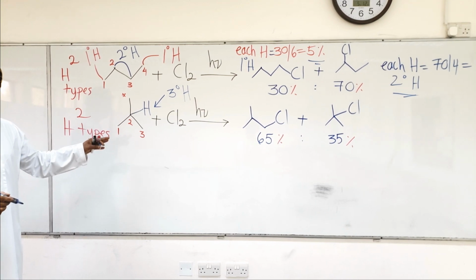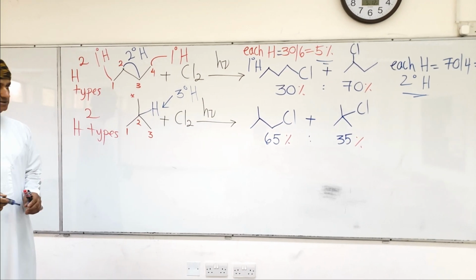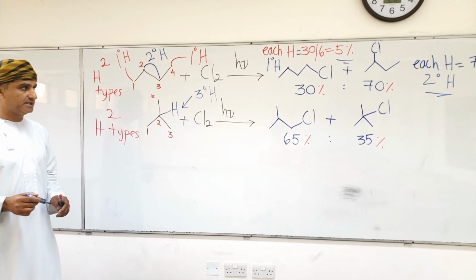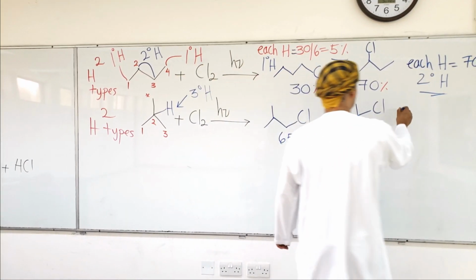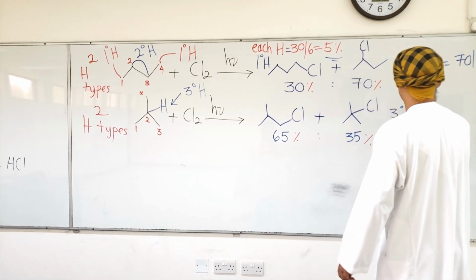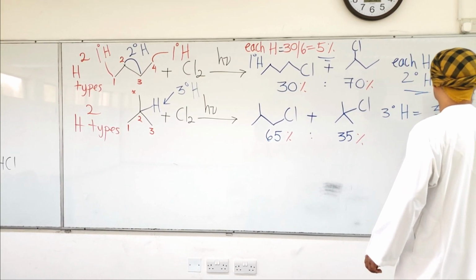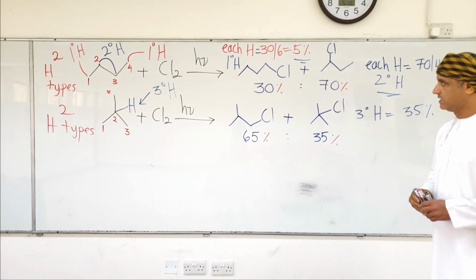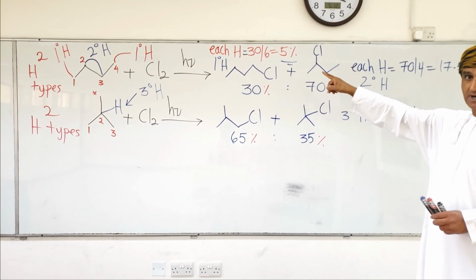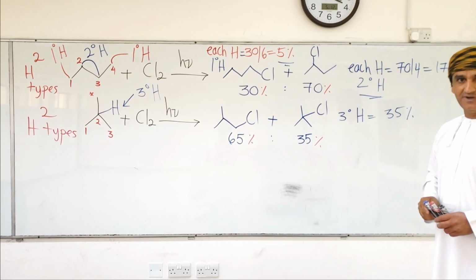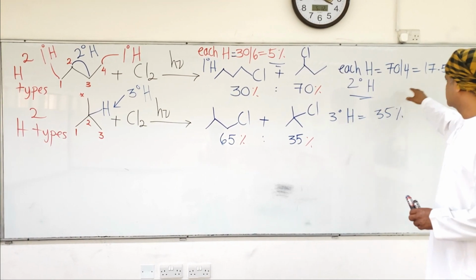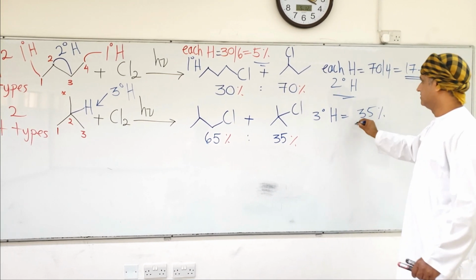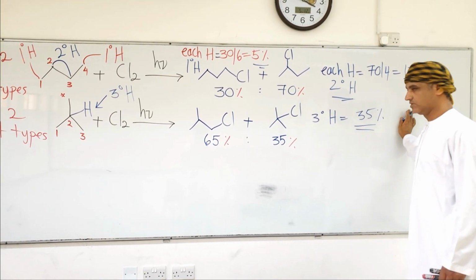So this tertiary hydrogen contributed 35% of the chlorination product. So if you look at these numbers, the primary hydrogen contributed 5%, the secondary hydrogen contributed 17.5%, the tertiary hydrogen contributed 35%.